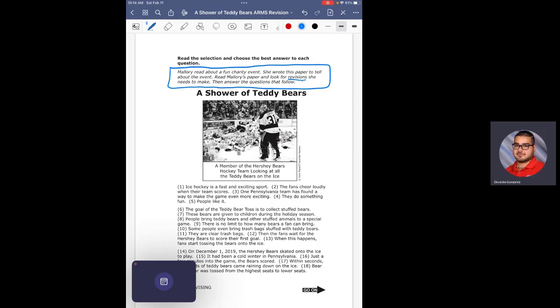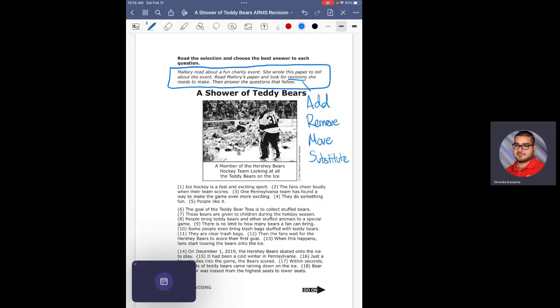Because we know this is a revision passage, we're going to use our strategy A.R.M.S. We're either going to add a sentence or word, remove sentences or words, move sentences or words, or substitute sentences or words.